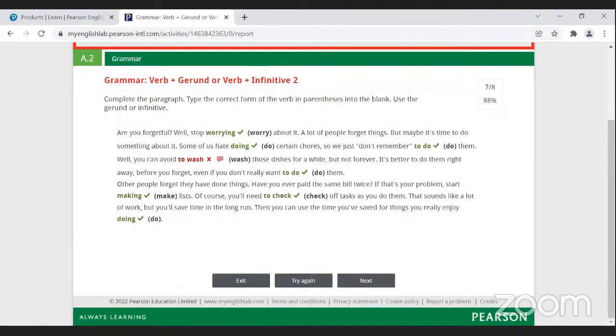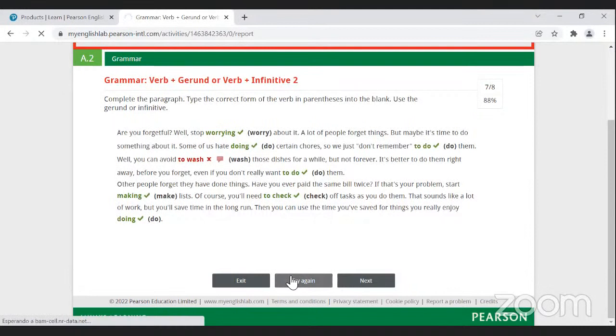Well, what? Avoid. Remember from the example. Avoid, it's a verb that always works with gerund, right? So avoid washing. Okay. Yes.